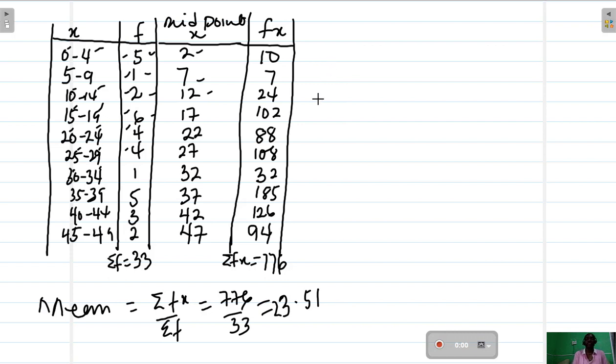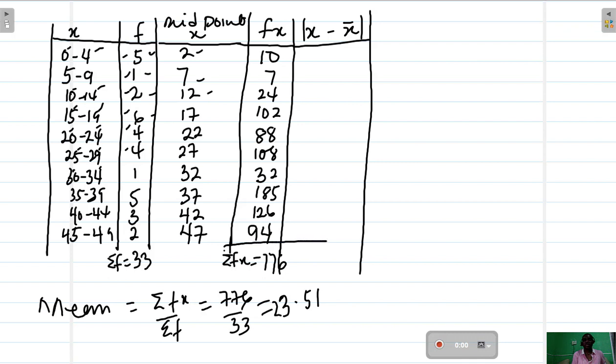So we come to the deviation. After the mean, we find the deviation, which is the absolute value of x minus x bar, where x bar is the mean. So the midpoint minus the mean. We are going to start here.